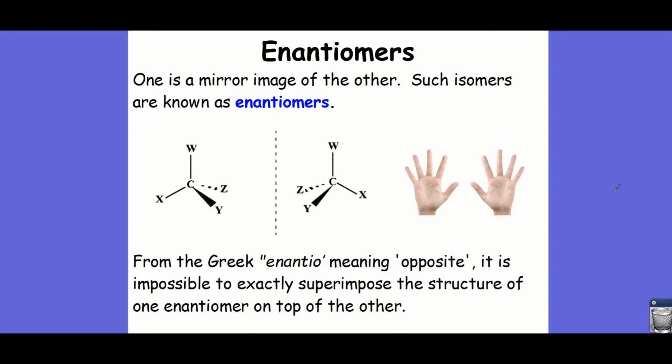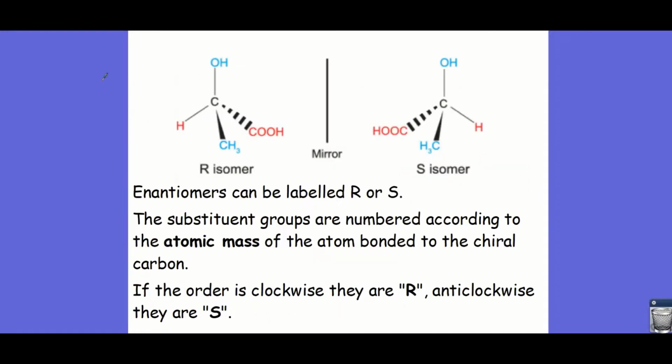And there are ways of classifying these enantiomers. We can classify them as an R isomer or an S isomer. As I said, enantiomers can be labelled as either R or S. And we need to be able to figure out which enantiomer is which.